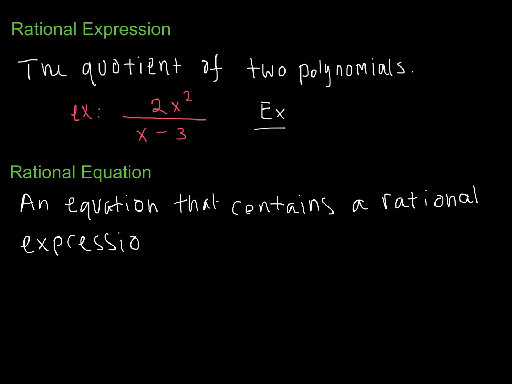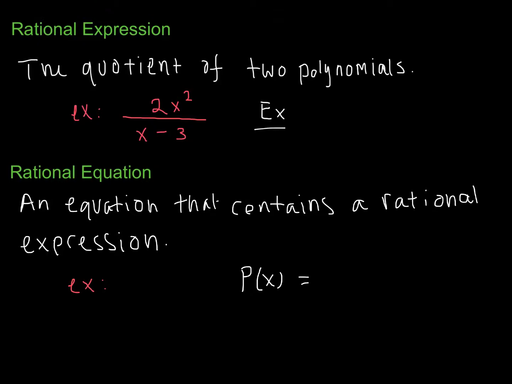I want you to go ahead and write an example for yourself. Give it a try, and then I'll give you an example as well. Alright, so hopefully you were able to create a rational equation. I'm going to go ahead and write one. So let's say that you had the population, we'll call it P of x, in terms of some variable x.